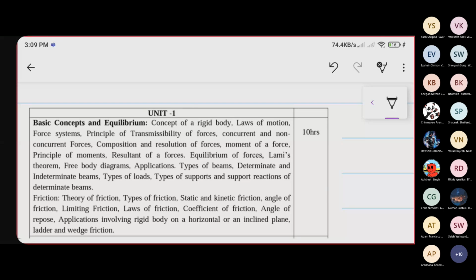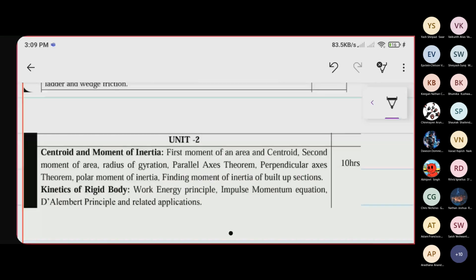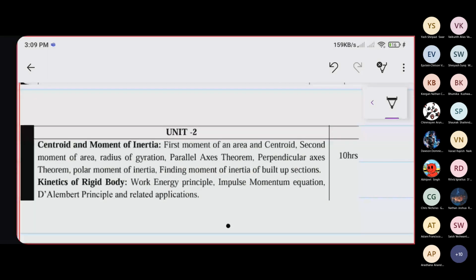Now your question will be, why is sir just reading this, we can read it, right? So let's go through it. Once I read it, it may go through your head and you will remember. Then in module 2, we are going to basically study centroid and moment of inertia and kinetics of rigid body.